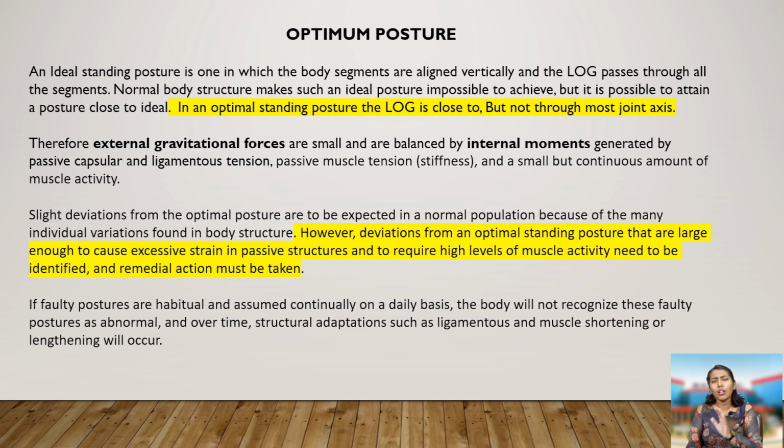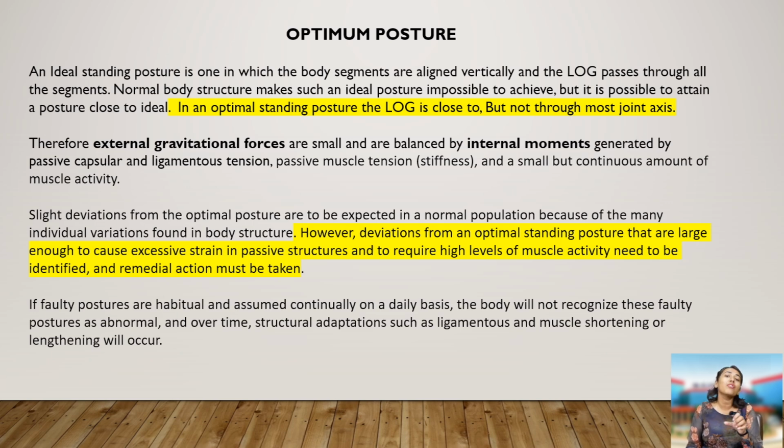We expect that every individual is different and some deviations will be there. But a large deviation in standing posture can cause excessive strain on the passive structures, the internal elements such as passive capsules, ligamentous tension, muscular tension.